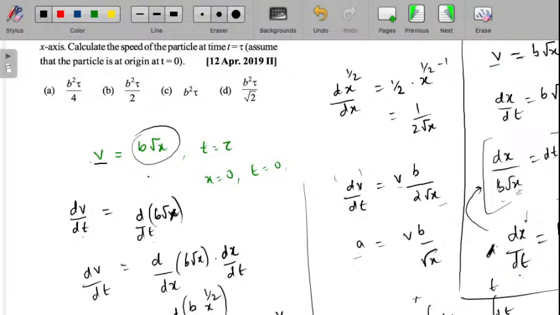This is going to be 3 by 2b whole power 2 by 3 times d by dt of t power 2 by 3, which is 2 by 3 into t power 2 by 3 minus 1. That is your value of velocity v.